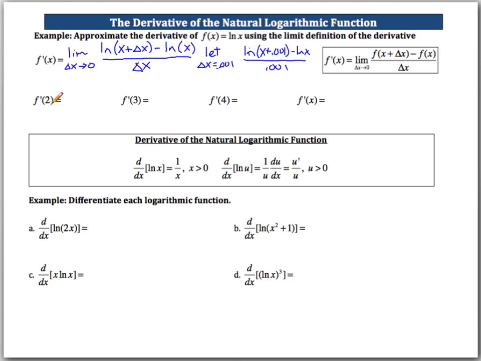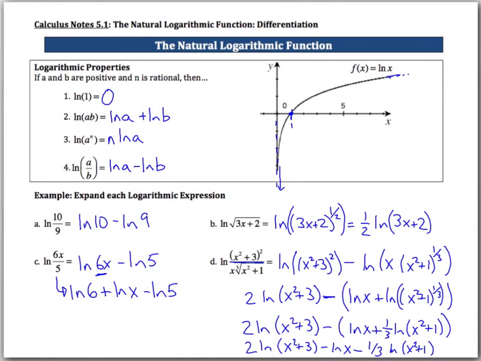So what we want to do is figure out the slope now of the natural log function at 2, 3, 4, and then eventually at x. So at x equals 2, we're trying to determine what is the slope of the function. At 3, what is the slope? At 4, what is the slope of our function? So that's what we're looking at.